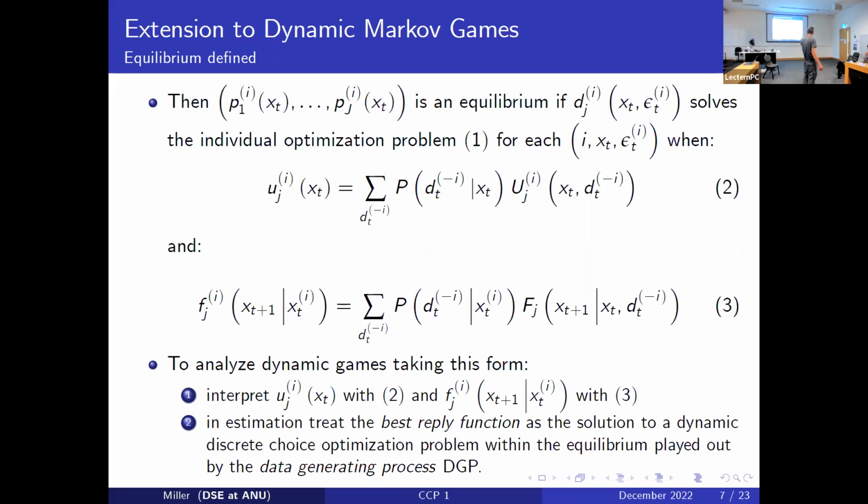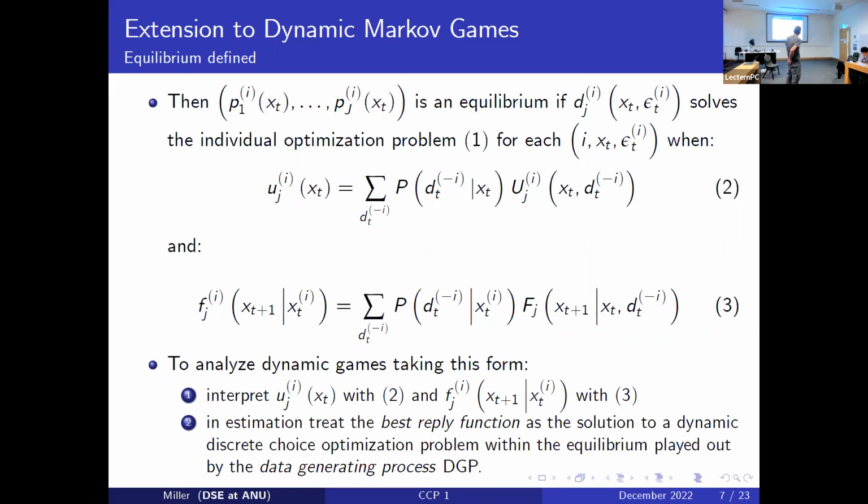I don't know what action they're going to take, so I take the probability that they'll be taking this action, and then I'm just summing over all those probabilities to get an expected utility from taking action J when I'm Mr. I. And notice that this U here is going to be augmented also by that epsilon in an additive way. In that setup, this utility is going to be exactly the same as the utility I get from the dynamic optimization problem when I'm the only player in it.